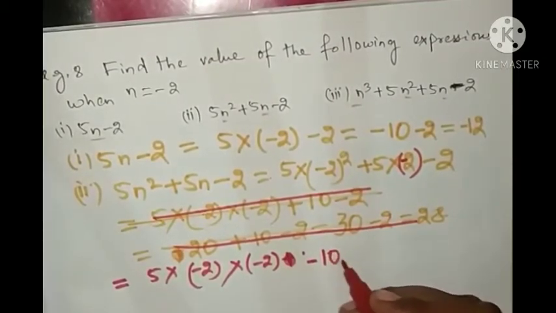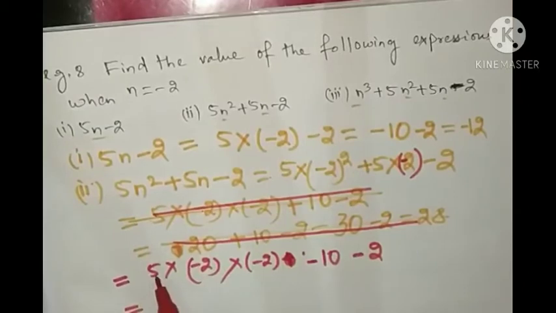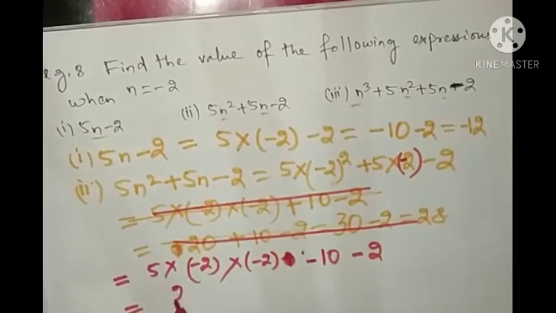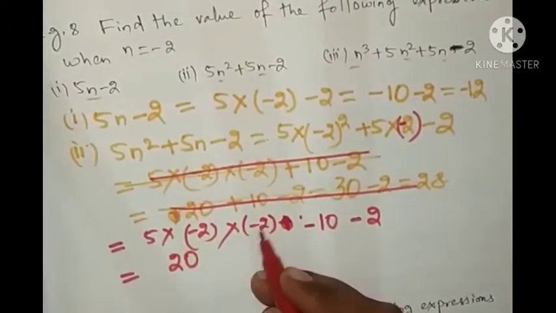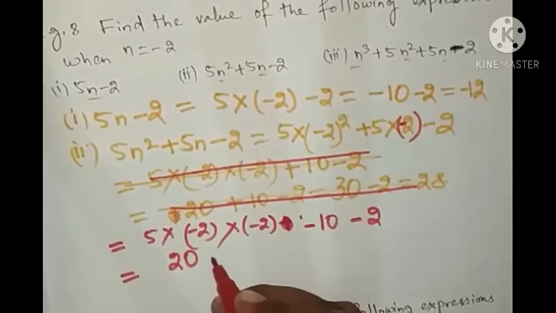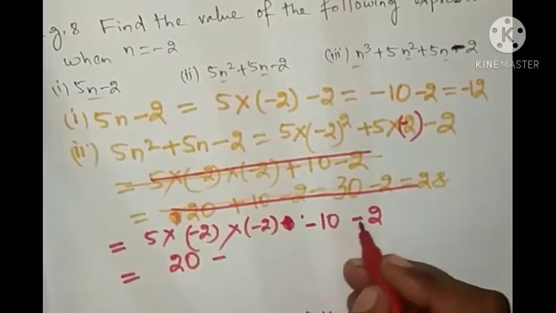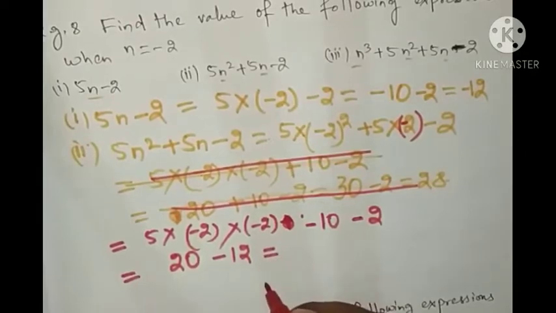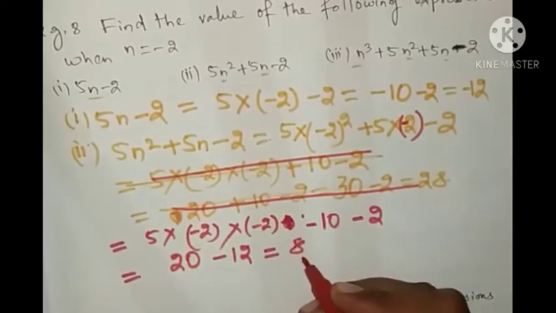So we'll write minus 10 minus 2. So how much did you get? 5 into 2 into 2. So 5 twos are 10, 10 twos are 20. 20, minus into minus is plus. So plus 20 minus 10 minus 2. We can add it. Okay. So minus 10 minus 2 is how much? Minus 12. So we can write it as 20 minus 12 equal to 8.